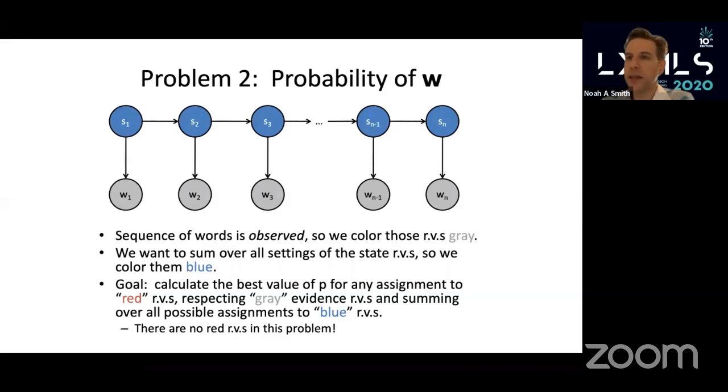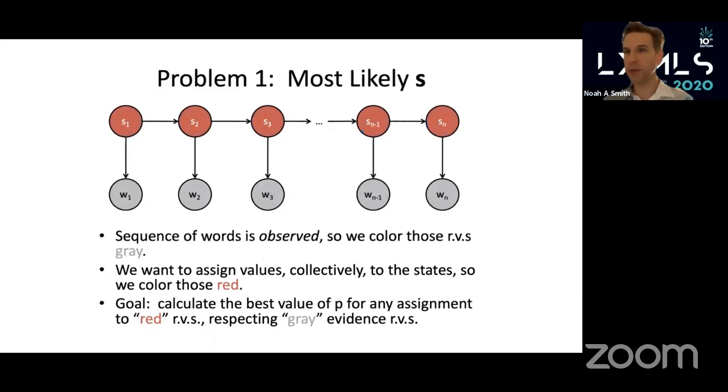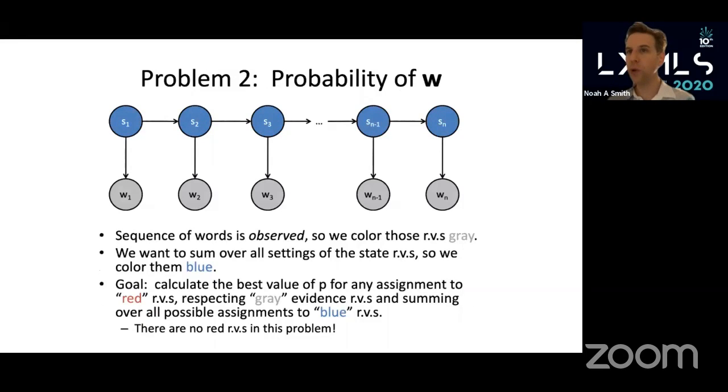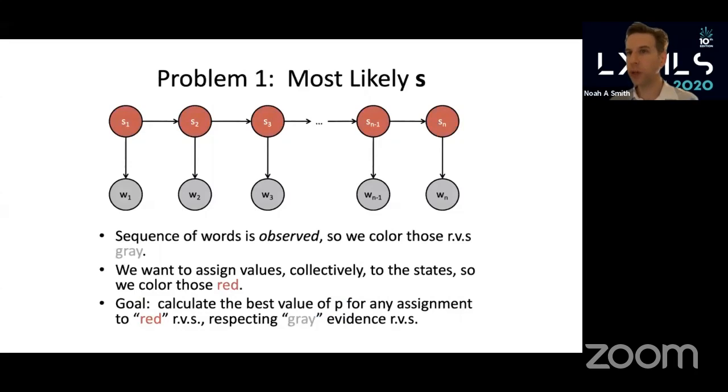So the goal is to calculate the best value of probability for any assignment to the red random variables, but there aren't any, so there's really only one value to consider. That's why we're not maximizing anymore. We're just summing, respecting the gray evidence, and summing over all possible assignments to blue random variables. So no red random variables here, and in problem 1, there were no blue random variables. We're only summing here. In problem 1, we were only maximizing.